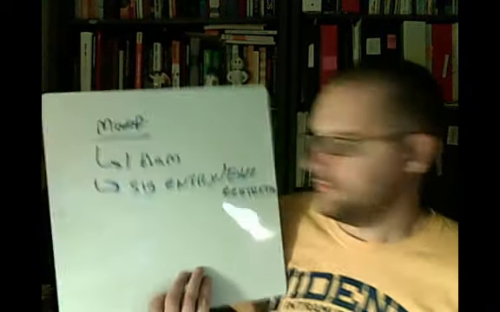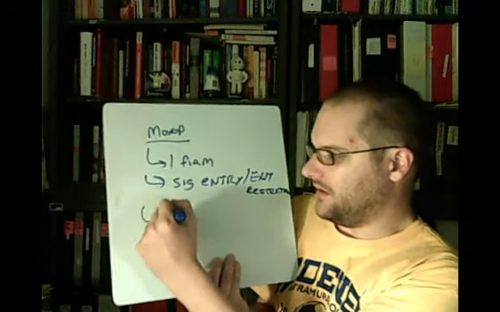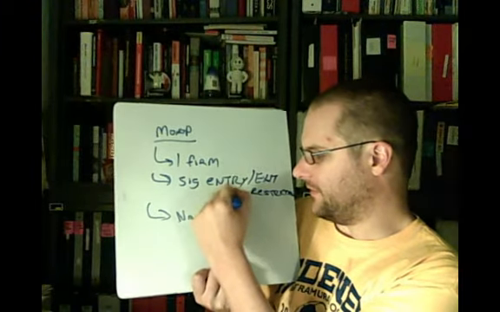In the case of the monopolist, quite simply, what we have is a single firm that has significant entry-exit restrictions, in a situation where there are no close substitute goods.